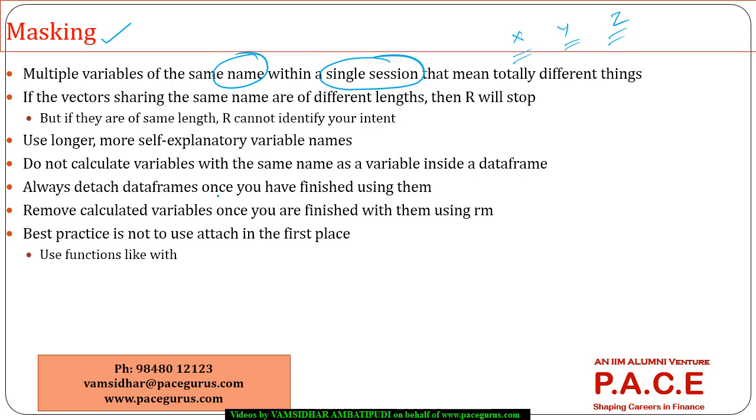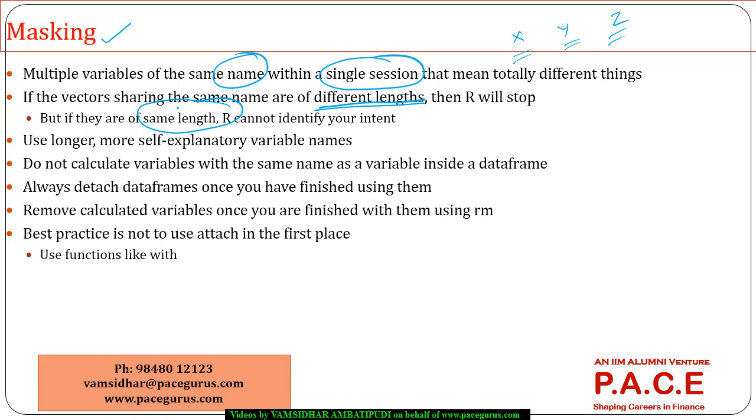If the vectors are sharing the same name but are of different lengths, at least R will give you some kind of warning, or R will stop further processing as part of your model building. But if they are of the same length, R cannot make out what your intention is. It will simply proceed, and you may end up with erroneous output altogether.